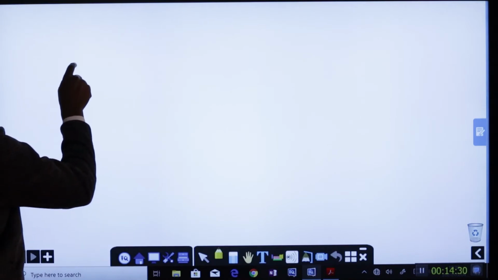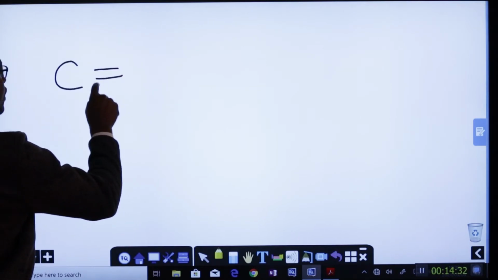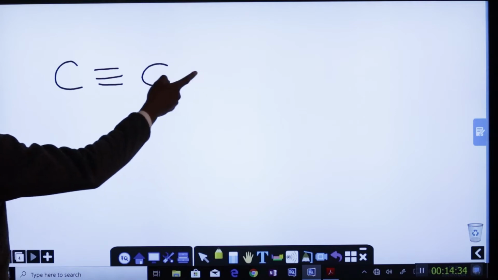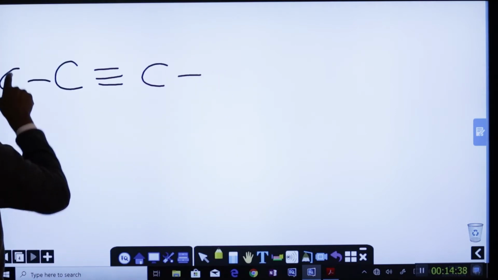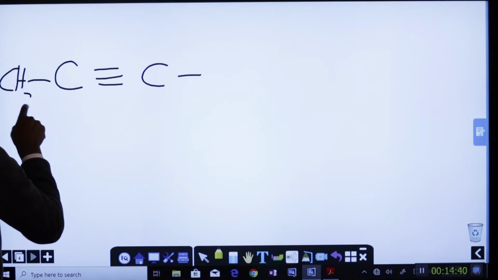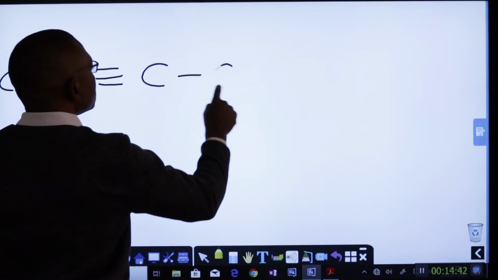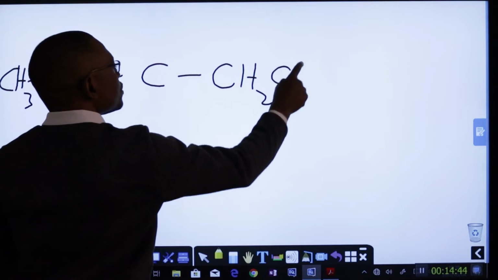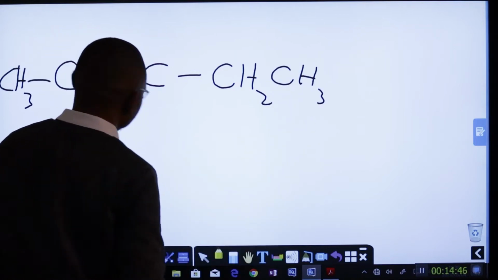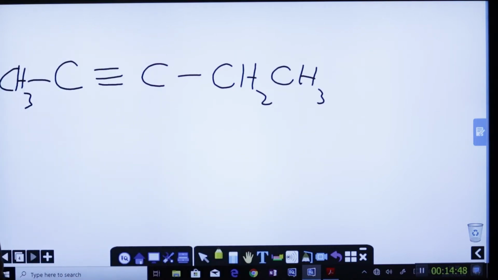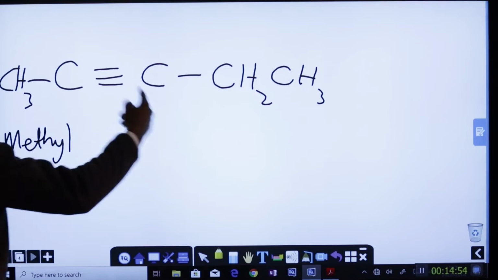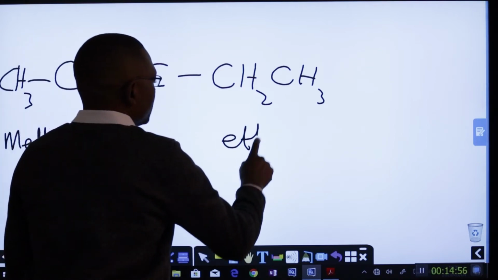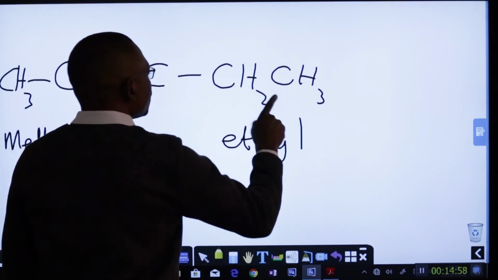It's going to be a carbon, a triple bond there, and another carbon like that. So we are going to have a CH3 there, a CH2, CH3. Okay. So the functional groups here, we've got a methyl as a functional group, and we also have an ethyl as a functional group.